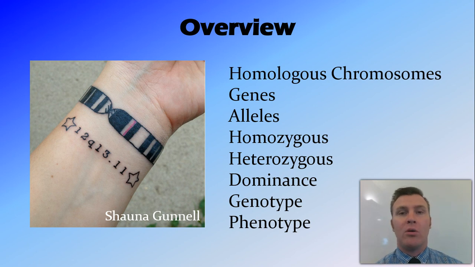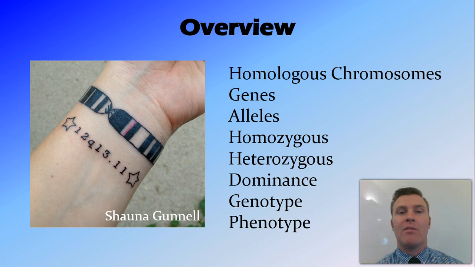For example, blue eyes and brown eyes. Homozygous is when the allele on each of the homologous chromosomes is the same, either blue-blue or brown-brown. Heterozygous is when they are different, so one chromosome will have the blue and one chromosome will have the brown.